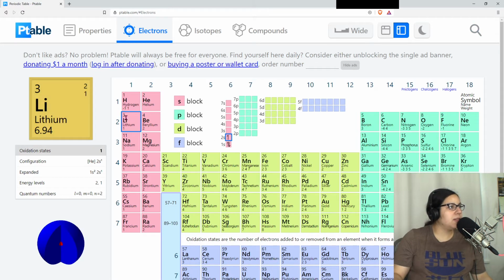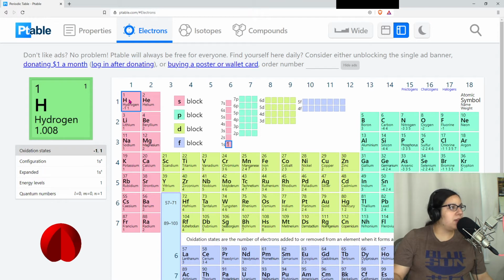It's easiest to see with the alkali earth metals, hence why I keep going back to them. We started with hydrogen, and notice it's just one big red ball, because that's signifying our first shell. Then we go down to lithium.